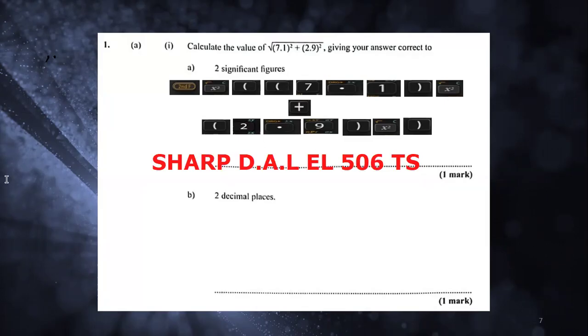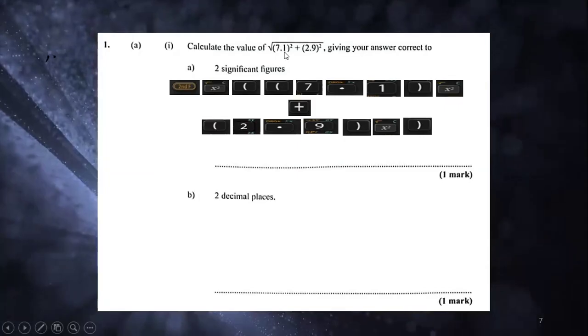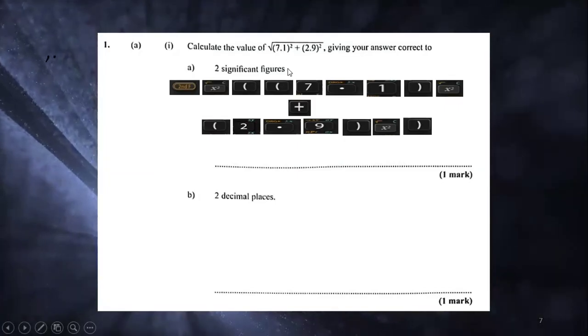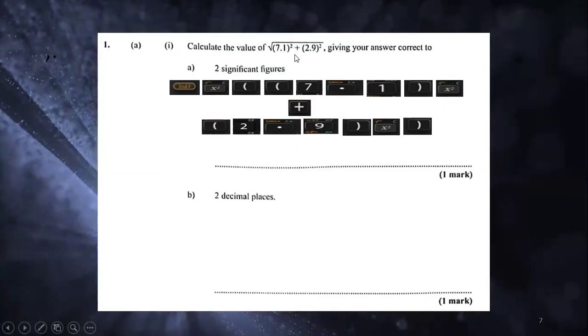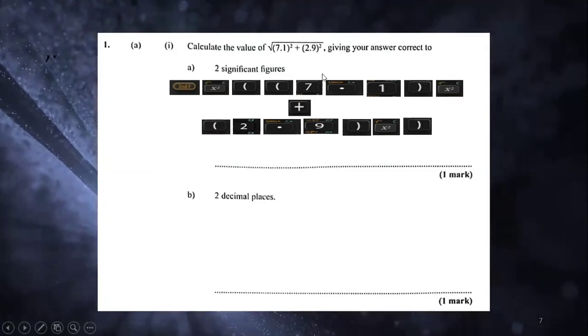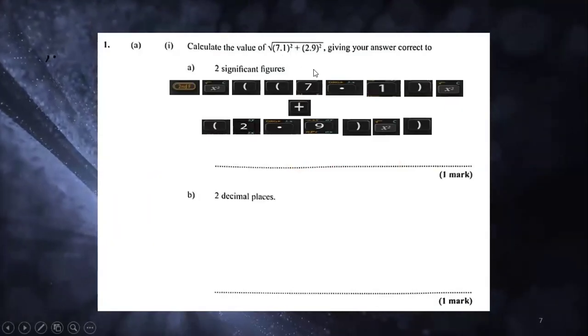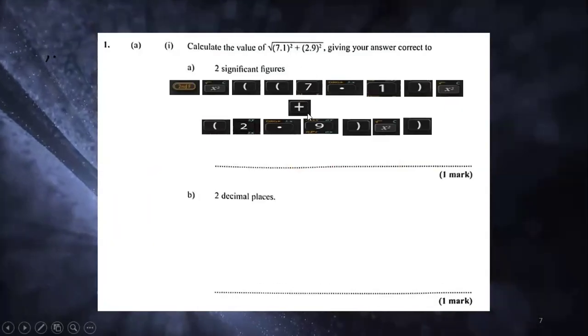All right. So when you have done all of that, then you press the equal sign and we're ready to get the answer. Now, again, we have two methods to do it. As I said initially, you can find 7.1 squared, write it down, then find 2.9 squared, write it down, add them both, and then find the square root of that result.